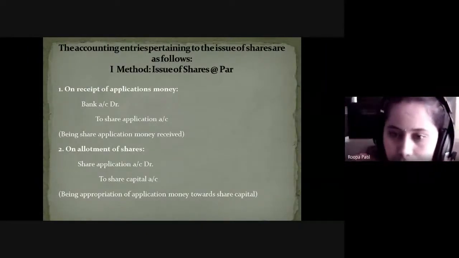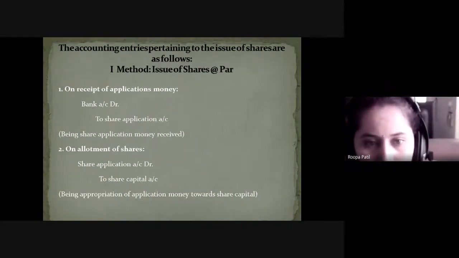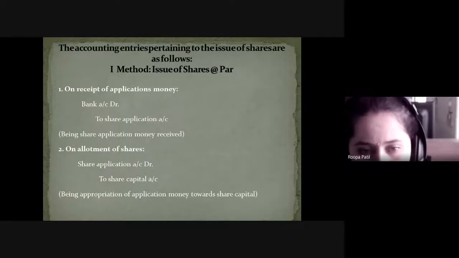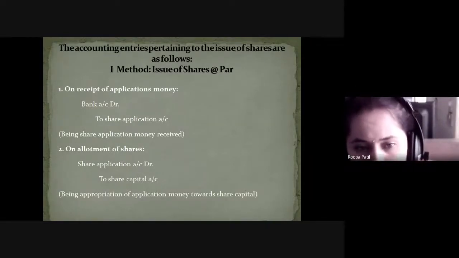Students, clear all the phases of the share capital. What is minimum subscription? What is the allotment of shares? These questions will be asked for 2 marks. If it is okay, then only I will move towards the journal entries. This is a very important topic for your problems.